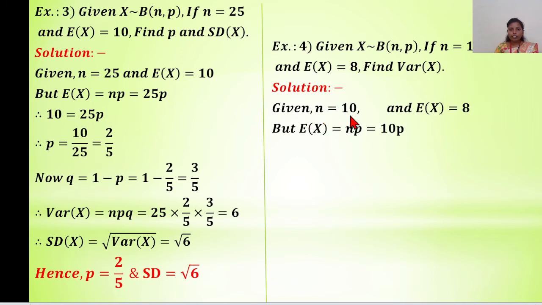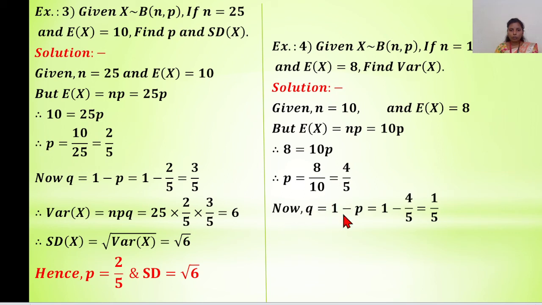Given n equal to 10 and expected value of x is equal to 8, but E of x is equal to the product of these two terms n into p, that is equal to 10 into p. Therefore, 8 is equal to 10p. Therefore, p is equal to 8 divided by 10, that is equal to 4 upon 5. Here 2 4s are 8, 2 5s are 10, then the value of p is 4 by 5.